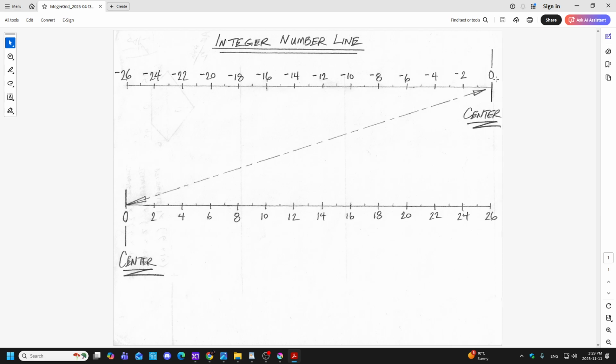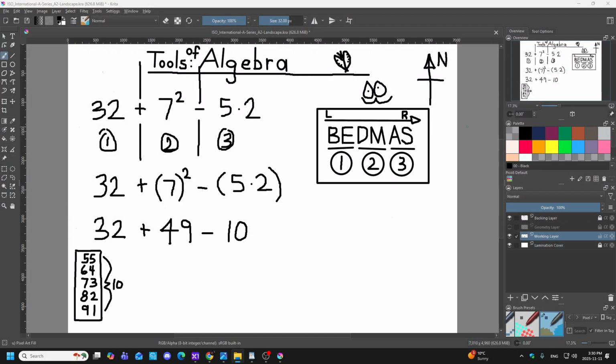At the 0 mark, all positive values go to the right infinitely, and they increase infinitely to the right. Negative values increase infinitely to the left. Okay, that makes sense? I hope so. I doubt we will end up in negative values, but this is all kind of part of algebra. You do have to have that integer grid understanding.